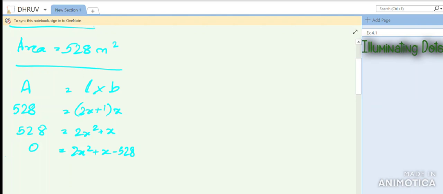Also, if you remember how we did the factorization in the polynomials chapter, and you still know it, you can go ahead and factorize this. If you don't, after we have completed the chapter, we will solve these questions again to see how we can solve them. So don't worry about it.